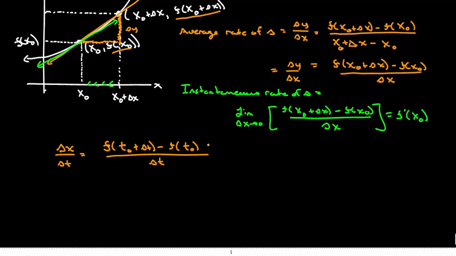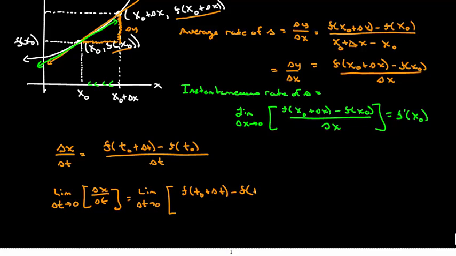That's the average velocity. Now if you want an instantaneous velocity, you take the limit as delta t goes to 0 of delta x over delta t, so as your time change goes to 0, of your difference quotient, and that is equal to dx dt.